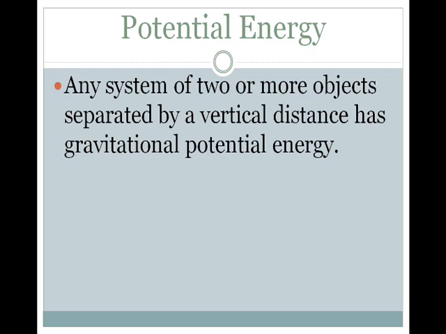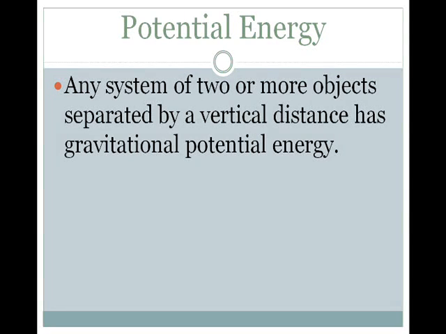Now, any system of two or more objects separated by a vertical distance has gravitational potential energy. So we have mechanical energy, and mechanical energy has two types of energy, potential and kinetic, and we're talking about potential. And so potential energy has two forms.